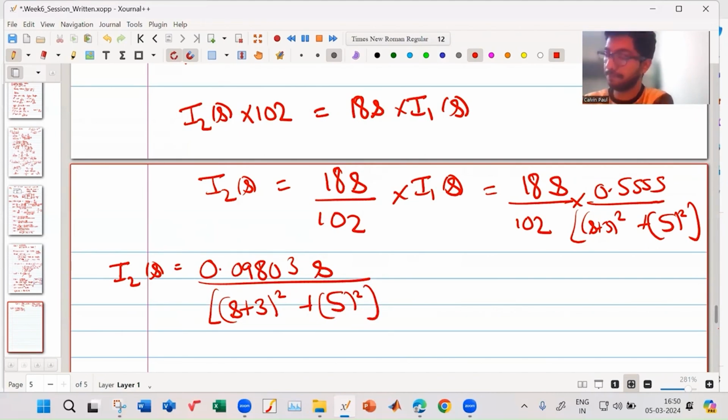Is this clear? Now can we take the inverse Laplace transform?